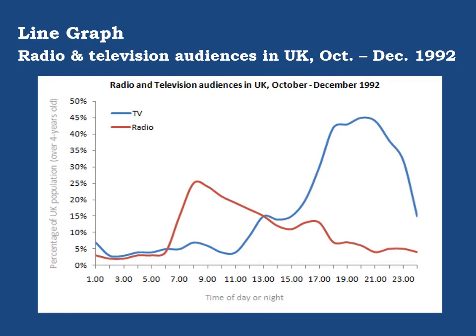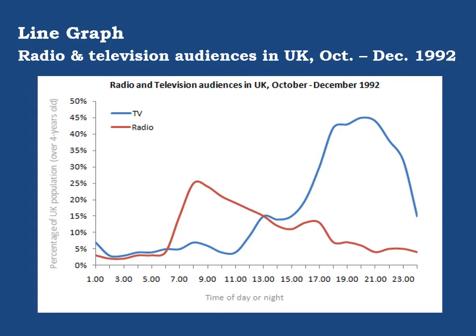And at the bottom, you have time of day, the horizontal axis. Can you see that? Time of day or night. And this is the time 1, 3, 5, 7. And here, these numbers represent the time 1 o'clock, 3 o'clock, 5 o'clock, etc. The vertical axis represents the percentage of what?